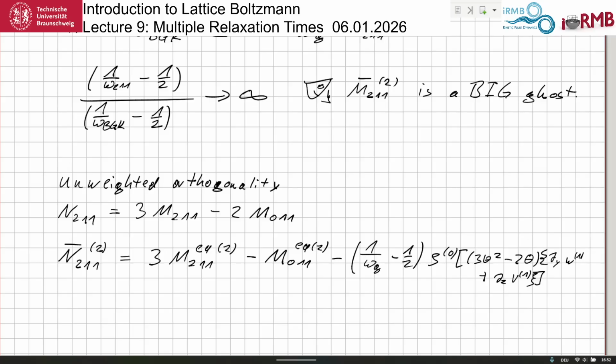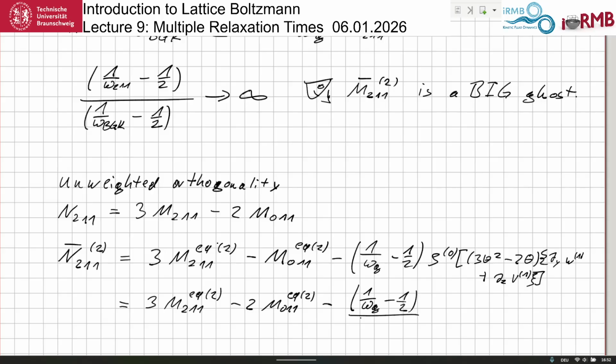So by putting in the same thing for this non-equilibrium part back here, I can write this as 3 M211 equilibrium to second order minus 2 M011 equilibrium to second order minus 1 over omega g ghost minus 1/2.